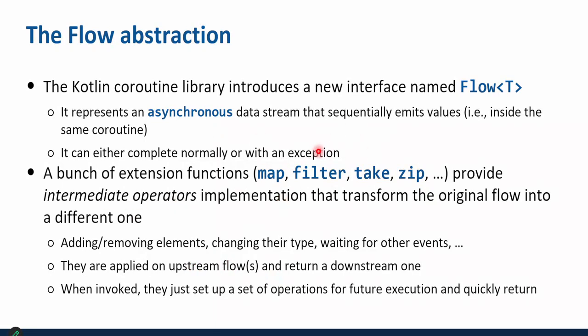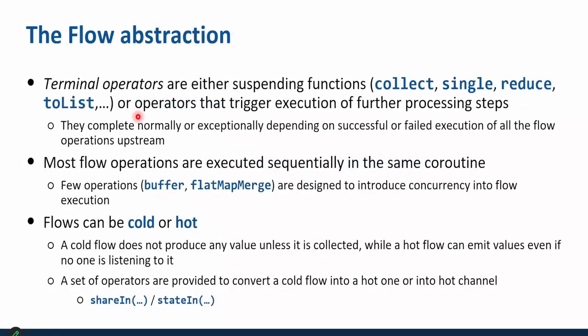Each of them then returns a new downstream flow. In such a way, every execution operates on a different flow, which is the result of the previous intermediate operators. And the execution is finally started and triggered when the so-called terminal operators kick in.